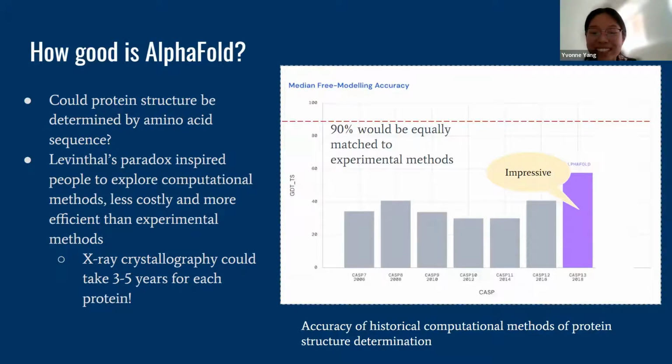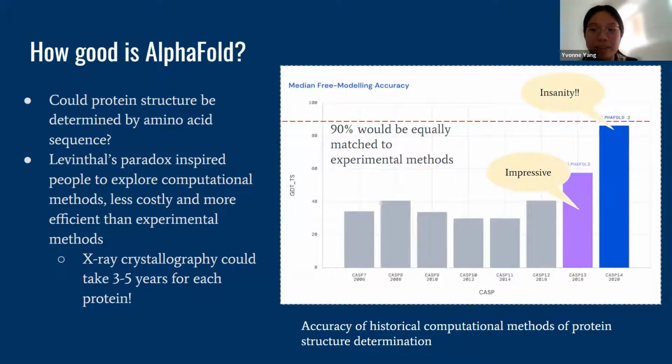But then they came back and they were like, we're gonna put all of these biologists out of their jobs right now. And in 2020, they won the competition, but not only that, they reached almost 90% accuracy, which is considered basically solved, because now you can just go to AlphaFold's database and look at a protein and it'll be an almost perfect prediction.